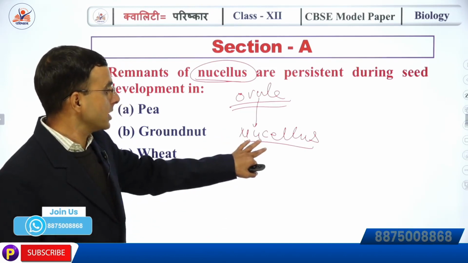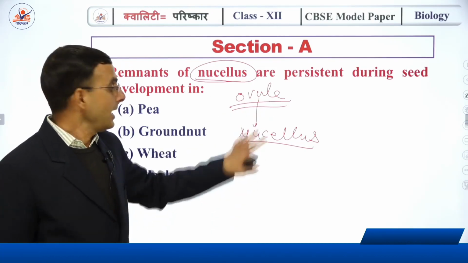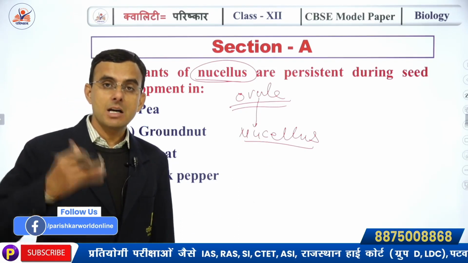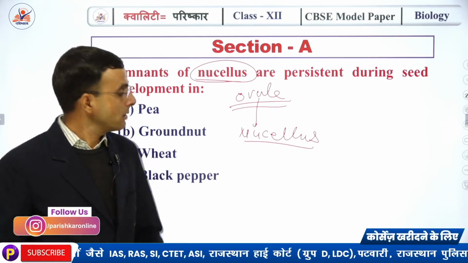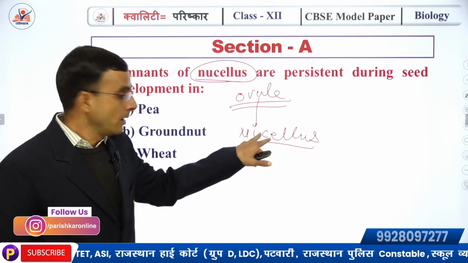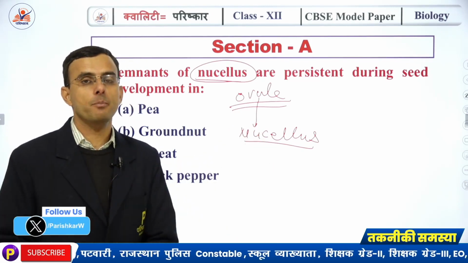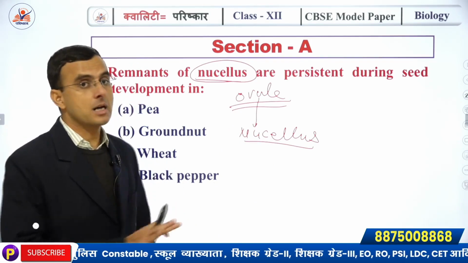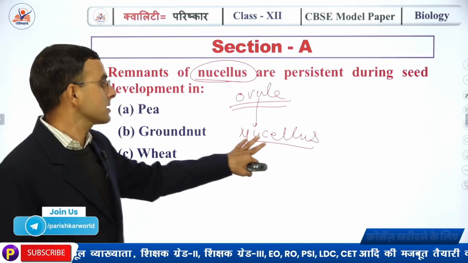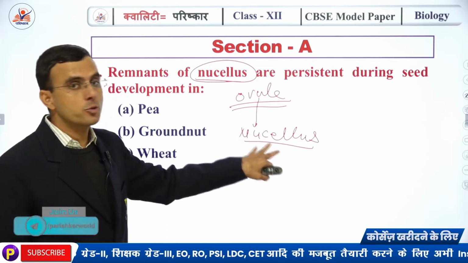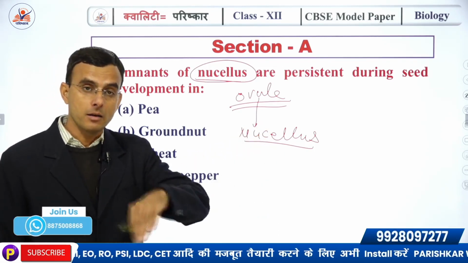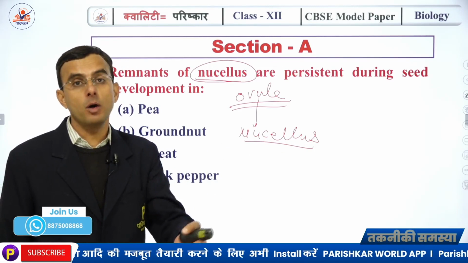So this nucellus develops in the ovule, and later, during the development of the embryo and the gametophyte, this nucellus is consumed. But there are some plants in which the nucellus remains, and it is present later in the seed also.